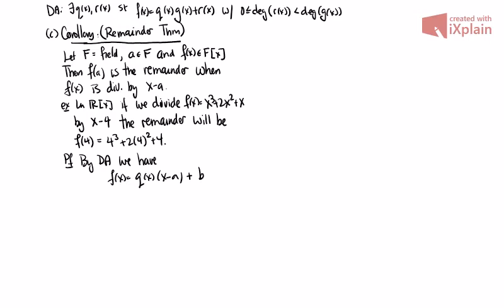So this b right here is the remainder with degree 0. It has to be degree 0 because it's degree less than the degree of g of x. So if you plug in a, that first term's 0, and then we're done. The remainder is f of a.